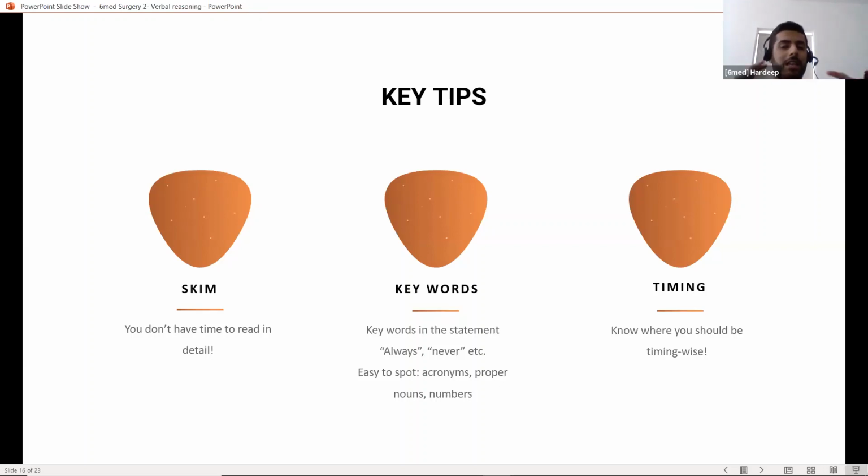So, not even looking at the paragraph when you get the question, just go straight to the question and then skim. And there's a good system in terms of skimming, so maybe you read a couple of sentences really quickly, pause and try and work out what it is and then read the next couple of sentences, or whether you just get better at skimming through paragraphs in general.